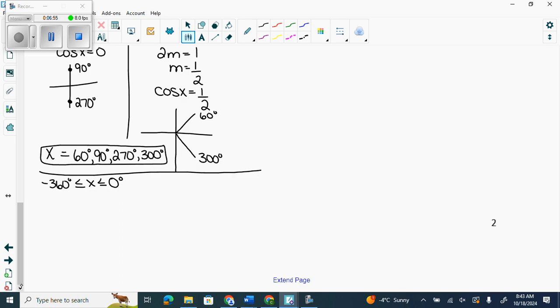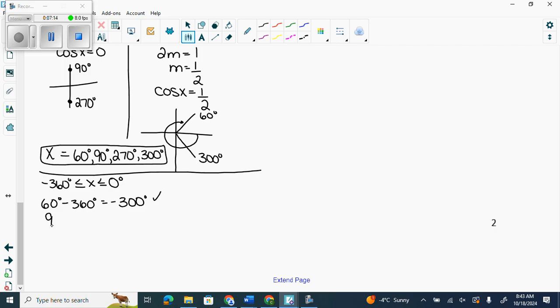So I would go 60 degrees minus 360, and I get negative 300, which makes sense because negative 300 would be 60. We agree? Does that fit? Yes, so that would be good.